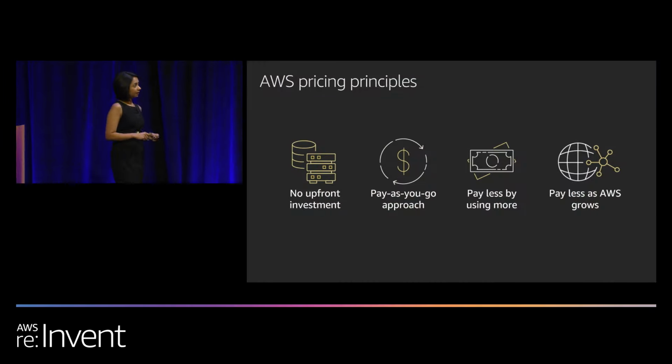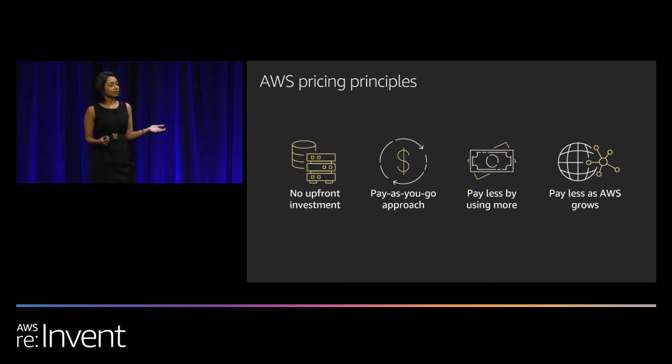Before I dive into that, I want to talk about how in S3 we think about pricing, and we think about pricing principles. And it's not just S3, it's AWS at large that follows these pricing principles across the board. So the first one is we have no upfront costs. You pay as you go, which means you never over-provision or under-provision for storage.